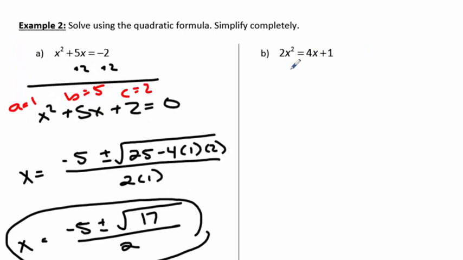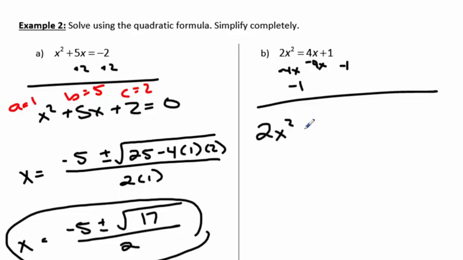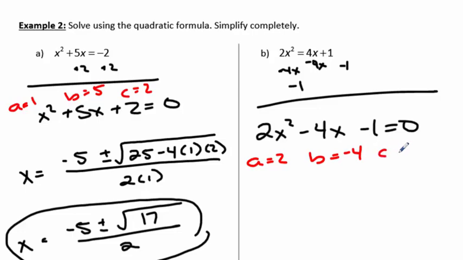Okay, part B. Let's get everything to the same side. It's equal to 0. So we're going to subtract the 4x off and subtract the 1 off. We'll have 2x squared minus 4x minus 1 equals 0. So a is 2, b is negative 4, and c is negative 1.